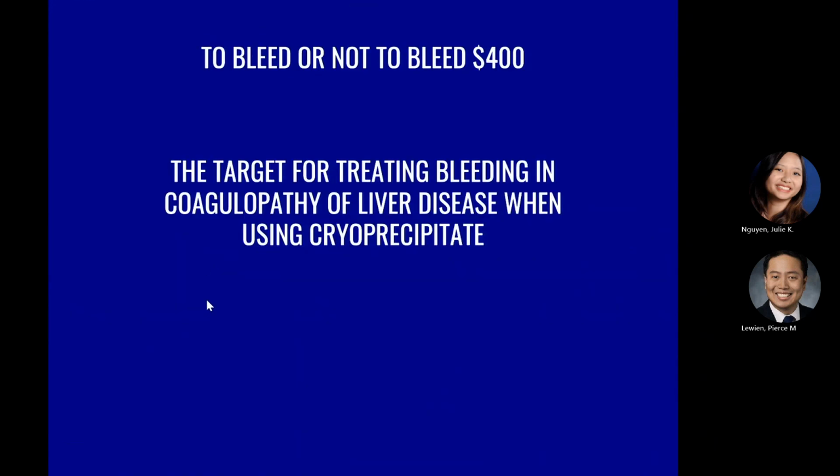Okay, target for treating bleeding in coagulopathy of liver disease when using cryoprecipitate. What is it used for and what level? Probably 15.